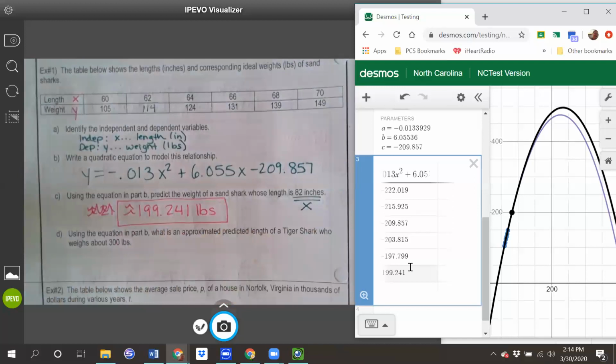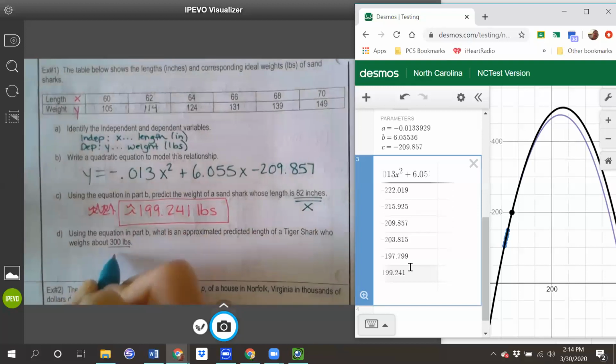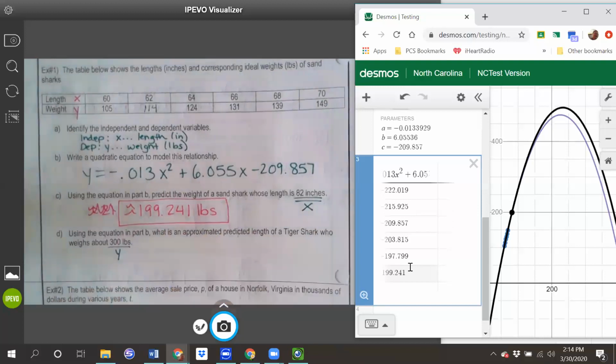Then D says, using the equation in part B, what is the approximate predicted length of a tiger shark who weighs 300 pounds? So that means I am looking for a Y value, right?